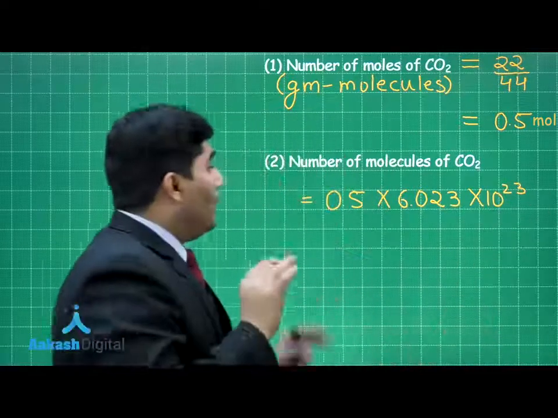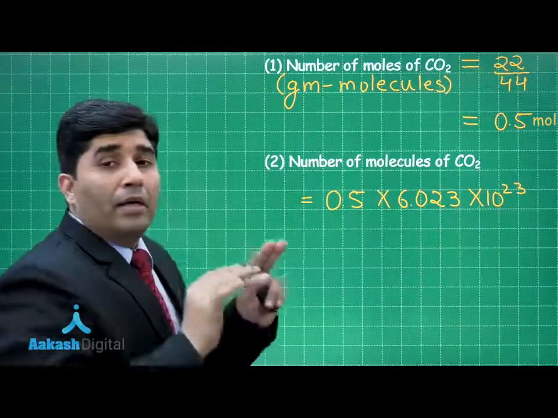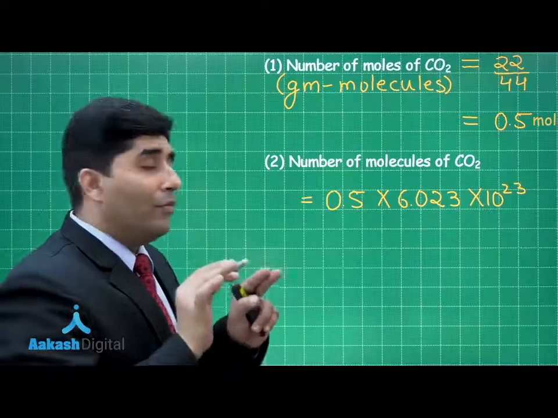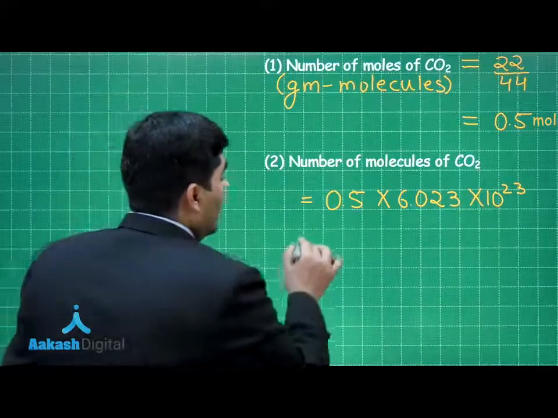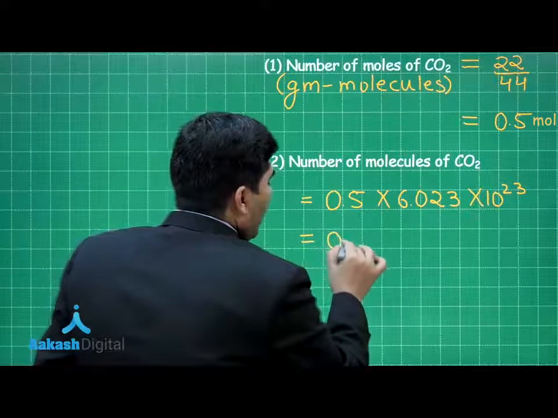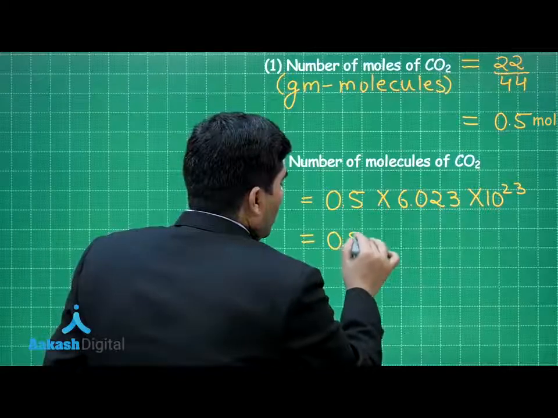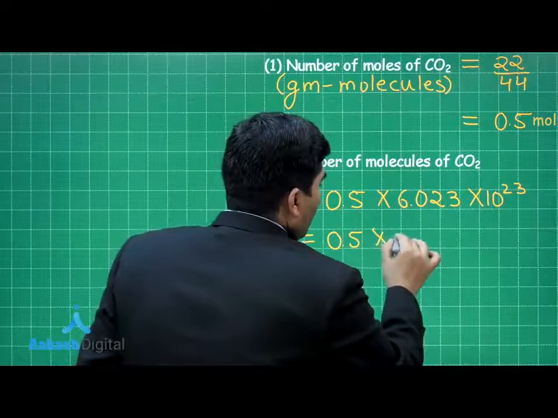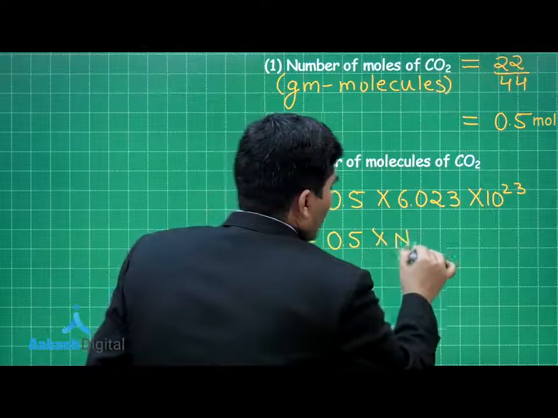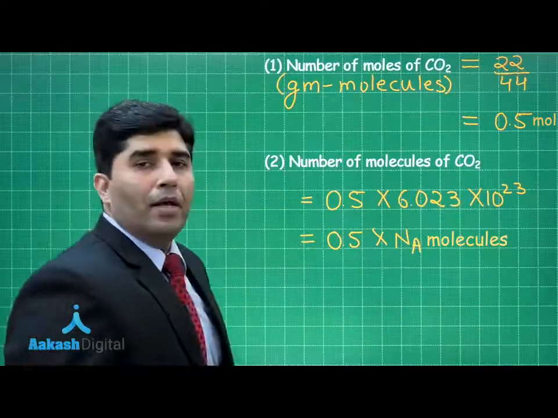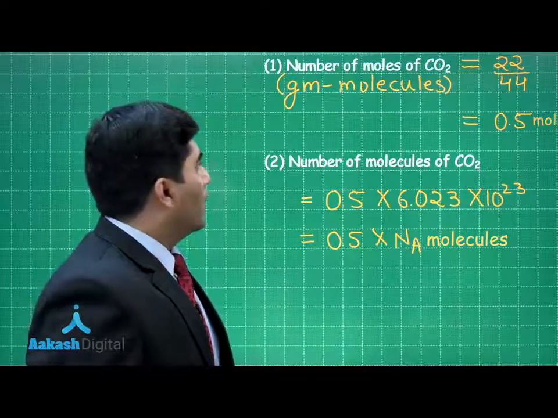So these many molecules will be present in the 22 gram of CO2, and we can write it as 0.5 into Na, right? Let's see the next part.